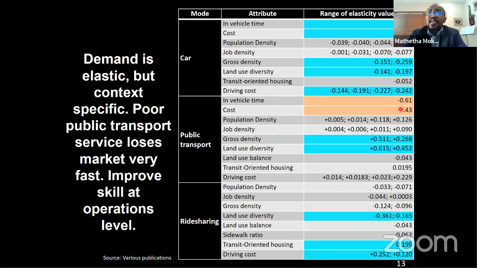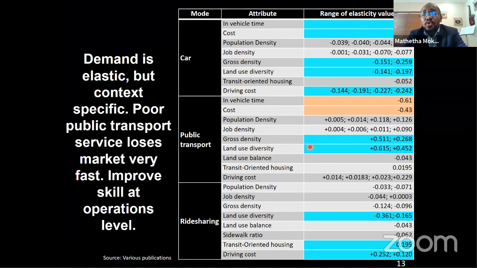But the point is that poor quality in public transport tends to create losses much more quickly than, for example, in car or ride-sharing services. But then also we see that increased costs definitely change behavior quite significantly relative to other things. Things like land use density and land use diversity are also very significant.